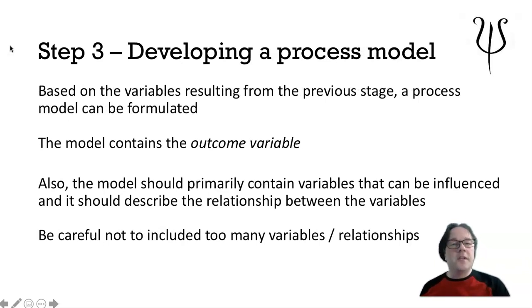Okay, so once we've analyzed the scientific literature, we're starting to do some analyses here. We're going to want to develop a process model. The process model is going to be based on the variables that we've uncovered in that previous stage.